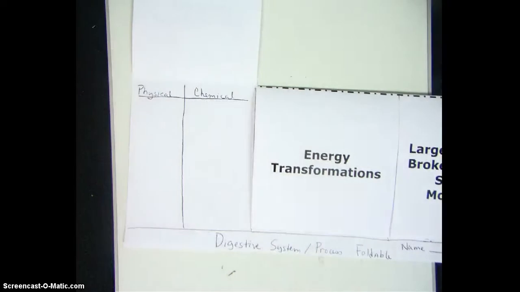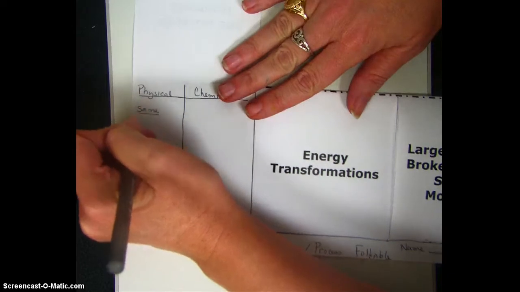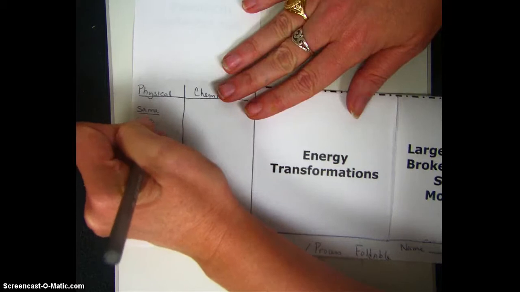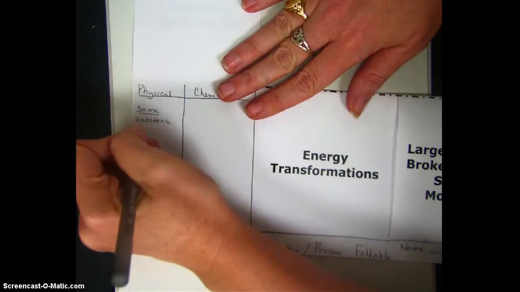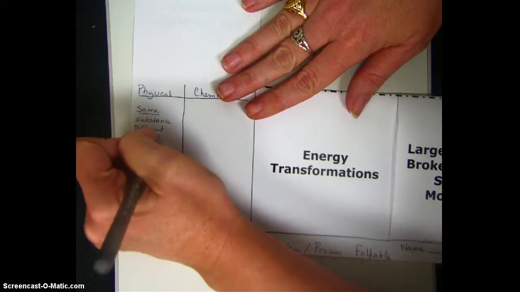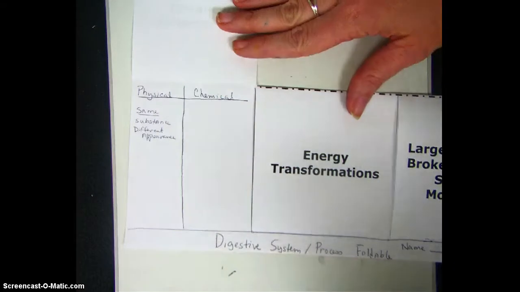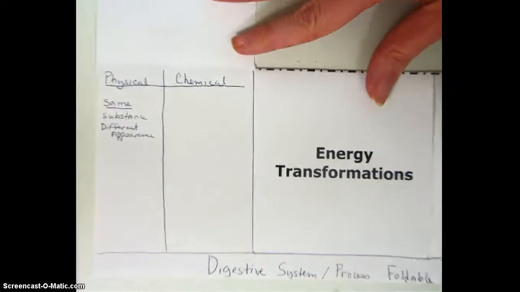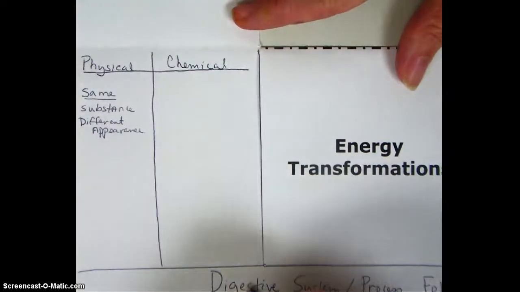When you have a physical change, at the end of the change you have the same substance, but a different appearance. Like if you crumple a paper, you still have paper. I'm going to zoom in so you can see my writing. The same substance, but a different appearance.